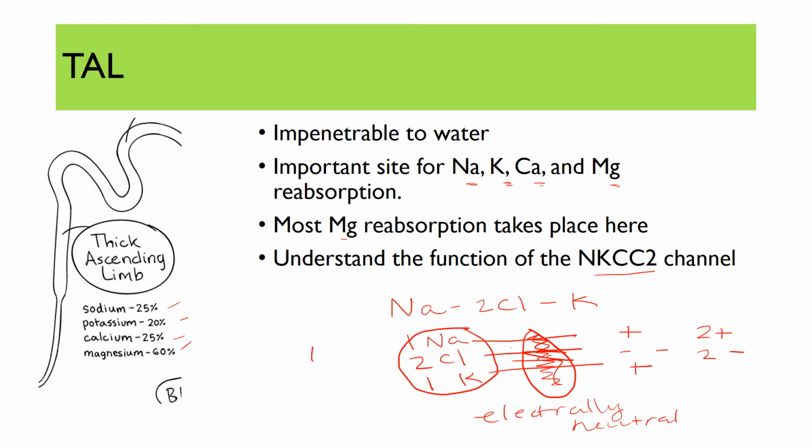So when we have 1 sodium, that's 1 positive. When we have 2 chlorides, those are 2 negatives. And then 1 potassium again, that's 1 positive. So it's an electrically neutral event. That's going to play an important role pretty soon.